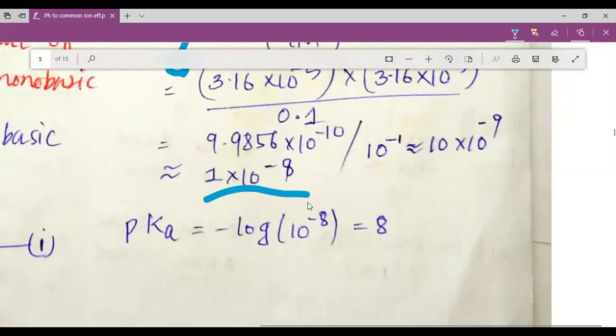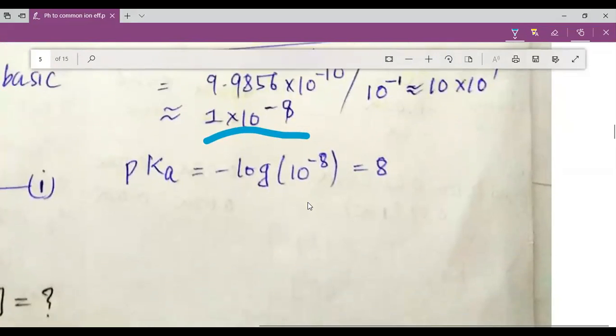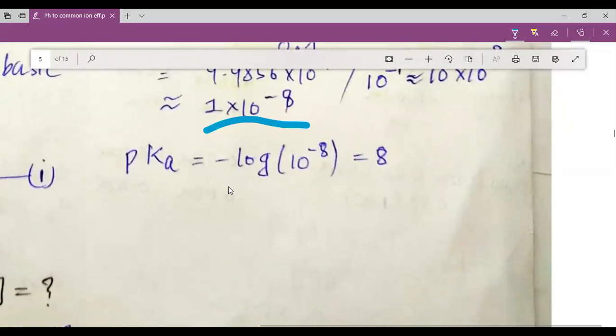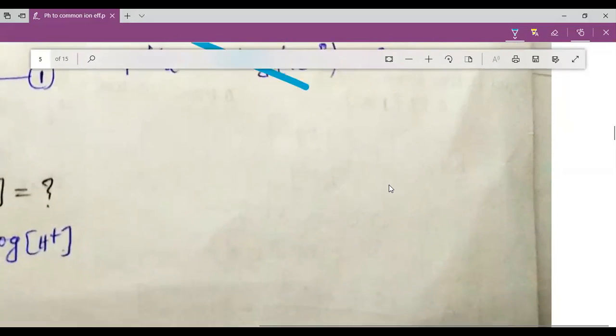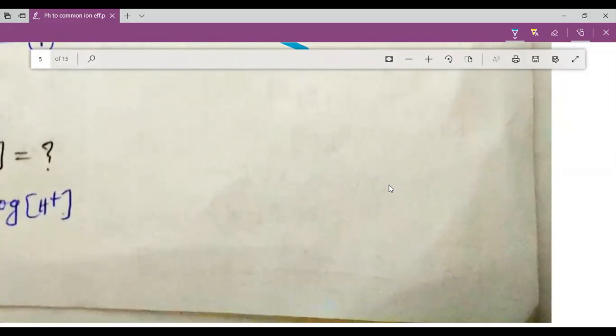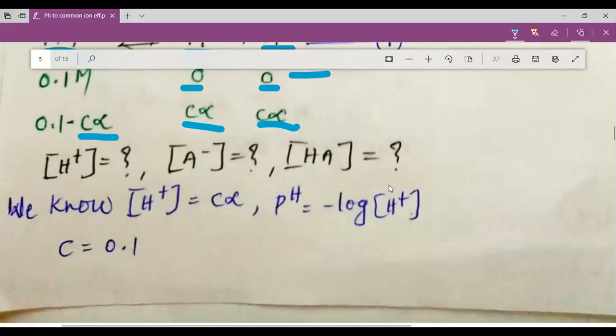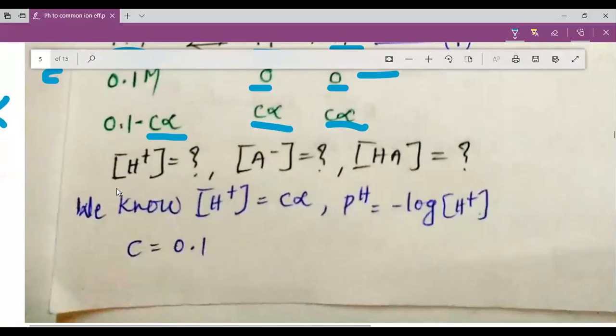So now we know that pKa is equal to minus log of Ka. So here pKa is equal to minus log of Ka. The value of Ka is 1 into 10 to the power minus 8. So it is minus log of 10 to the power minus 8, which we get as 8. So here we can find out the various answers that we wanted to find out: the concentration of H plus, the concentration of A minus, and the concentration of HA.